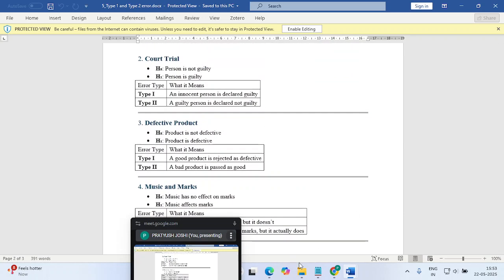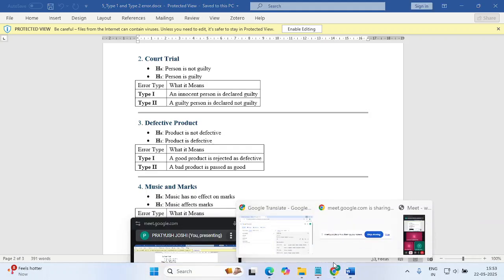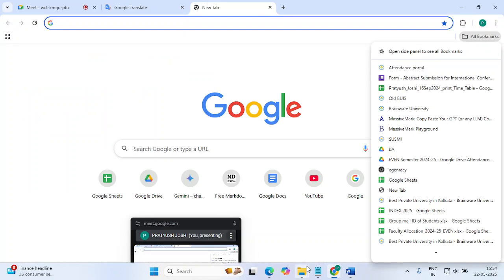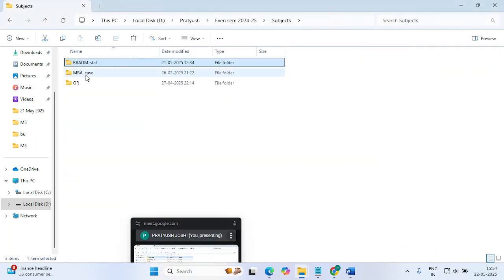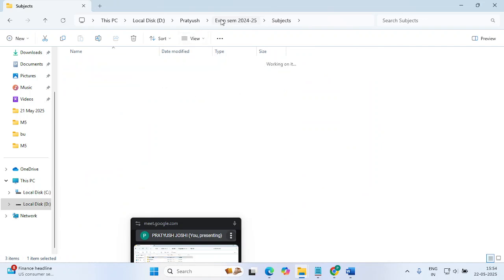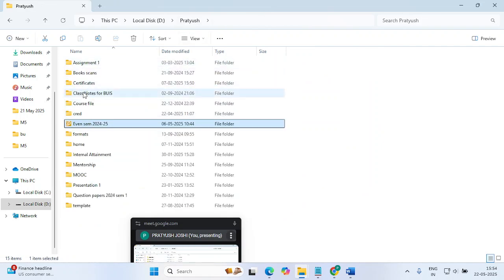All right, let's discuss type one, type two error. I have also uploaded module 5 notes. I hope all of you can access them on your forum. I'll open them and try to explain type one error and type two error.